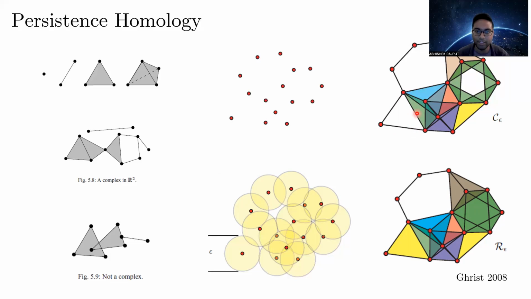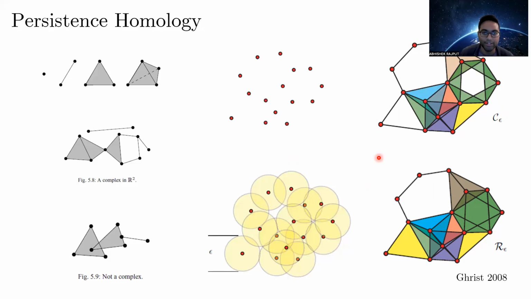The answer is that they don't, because for instance, in this Čech complex over here, there are three voids, whereas in this Rips complex, there's only one. They don't in fact represent the same topological information. There's a theorem that says that it's actually the Čech complex that represents the topology of this cover, whereas the Rips complex does not.